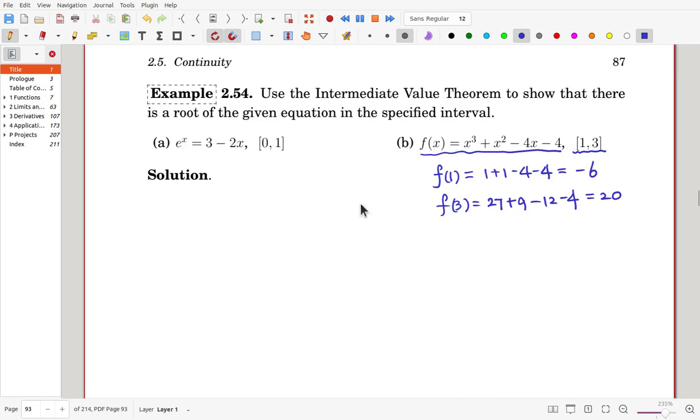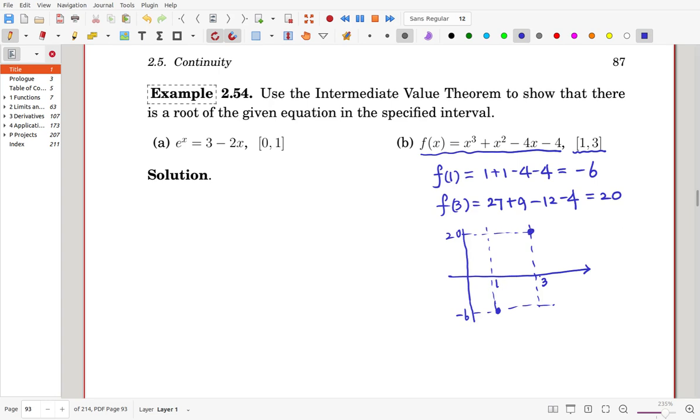Here, pictorially, we don't know the detail. However, the picture is given in this way. At x equals 1, the function value is negative, and at x equals 3, the function value is 20.